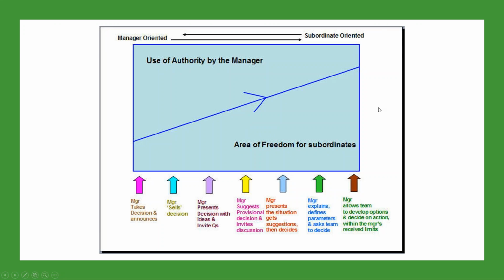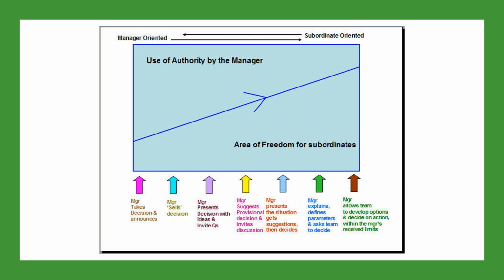Now, another way of looking at this whole notion of task and relationship is a model that I really like, which is Tannenbaum's model. And basically, you'll notice that over on the top left-hand side, it's very much manager-oriented. So very much the manager is the dominant person in the arrangement.